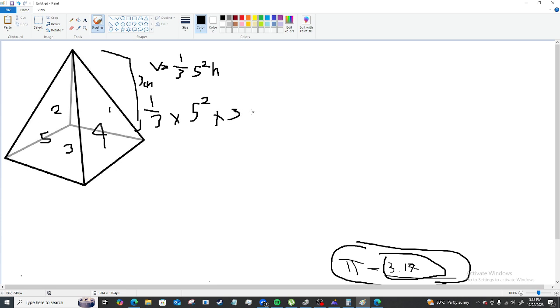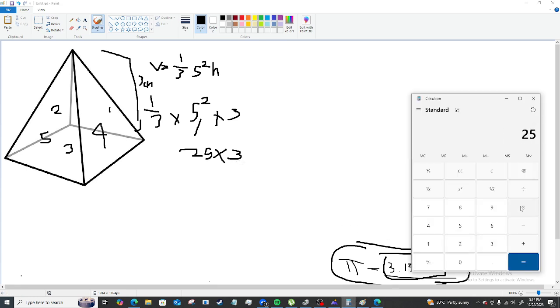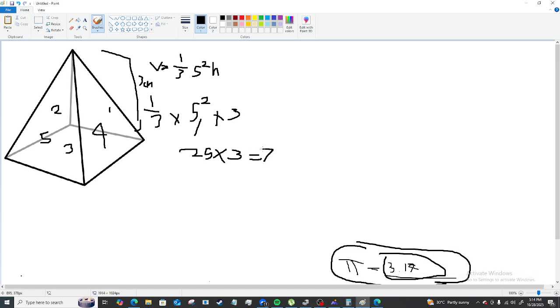Let's solve this. This is 25 times 3. 25 times 3 is 75. Now let's put it here. 75.